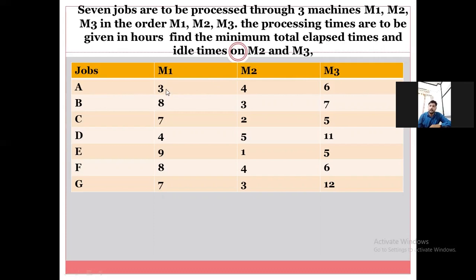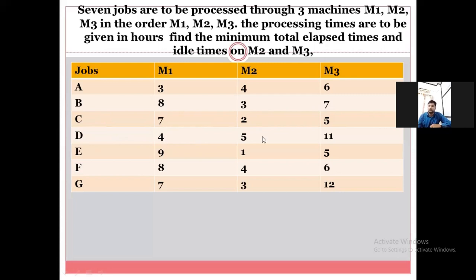Then job B, processing times are 8, 3, 7. Then job C, processing times are 7, 2, 5.